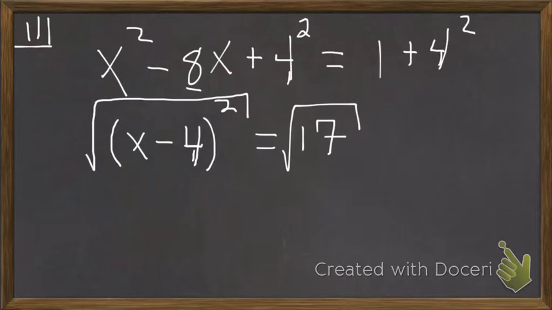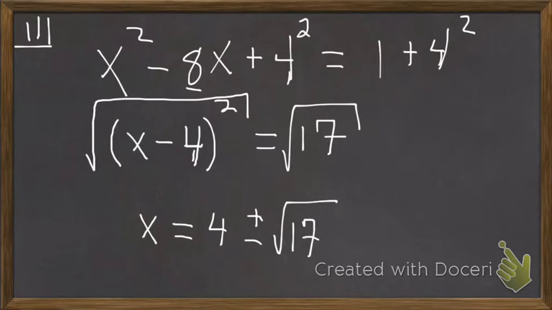And ultimately I get x equals 4 plus or minus the square root of 17. And we'll wait for that to catch up. There we go.